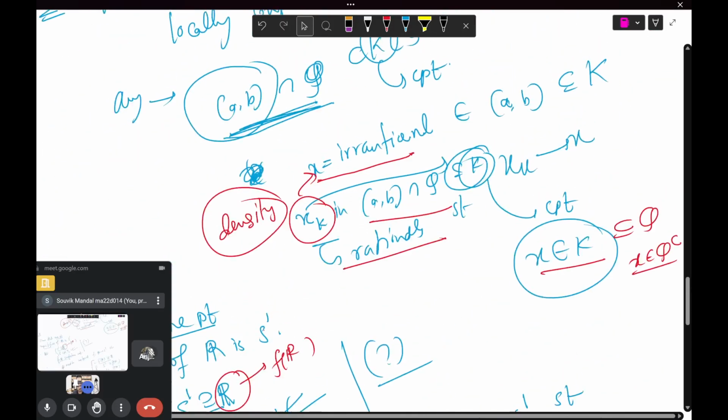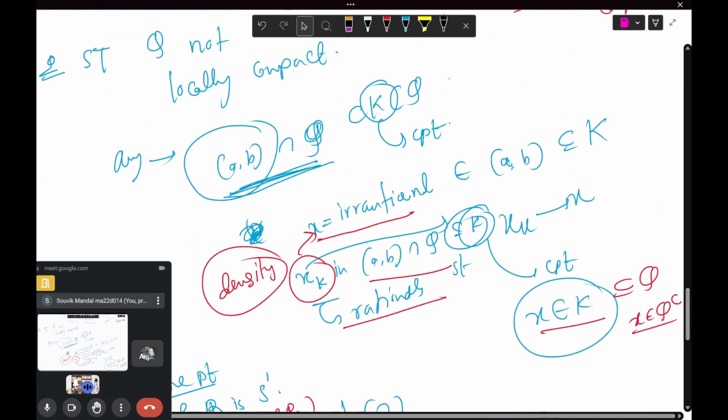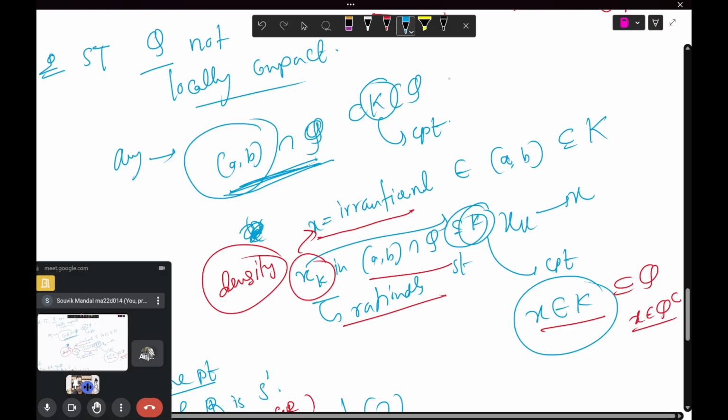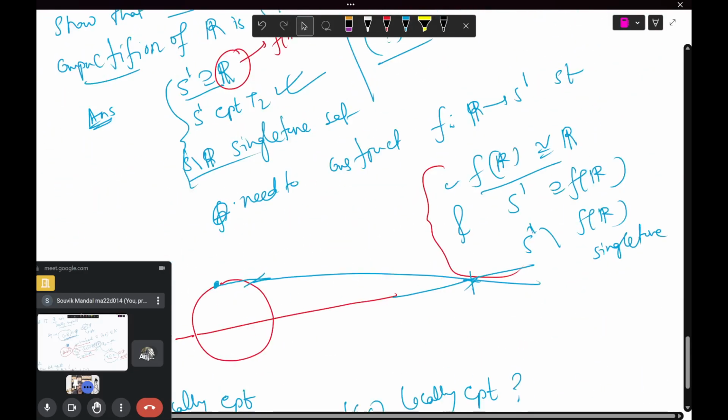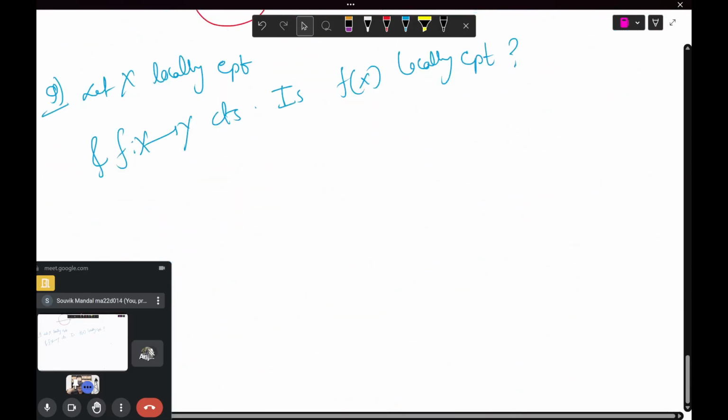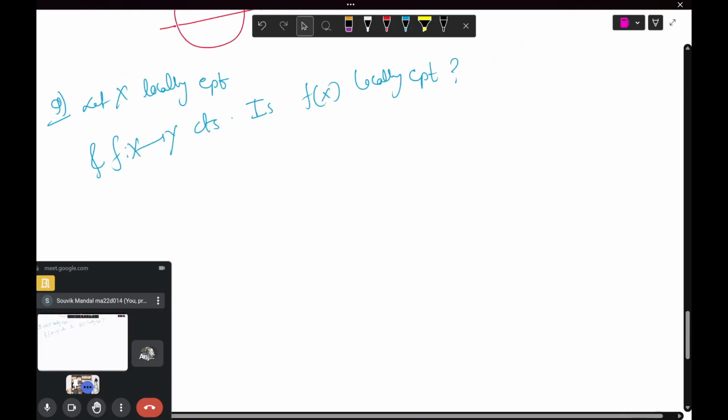You can use the example that the rationals are not locally compact.